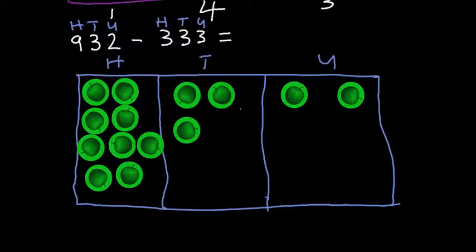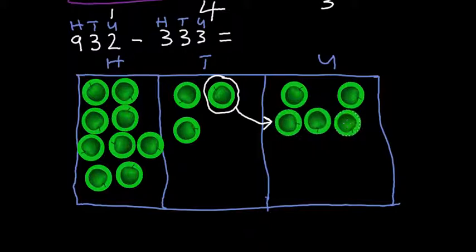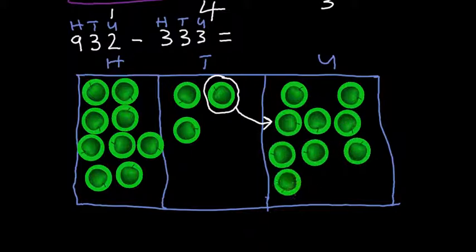So we have to borrow from the tens column. We borrow 1 apple, which automatically becomes 10 apples in the units column. So we're going to place 10 apples in the units column: 1, 2, 3, 4, 5, 6, 7, 8, 9, and 10.